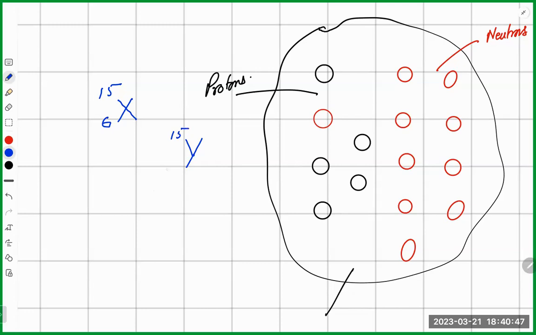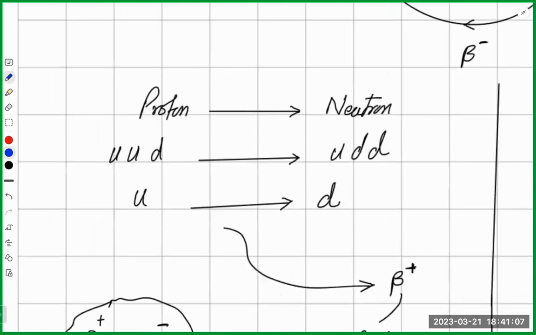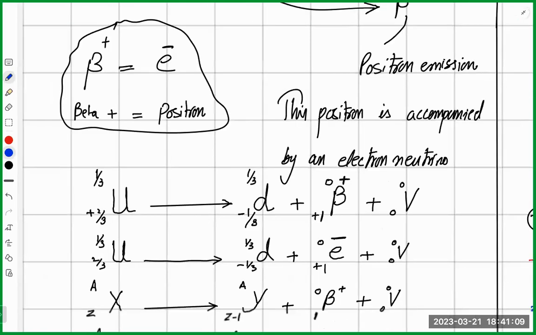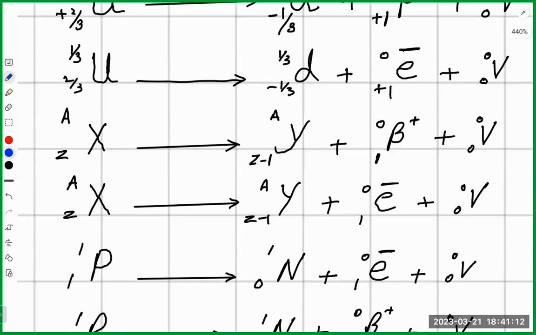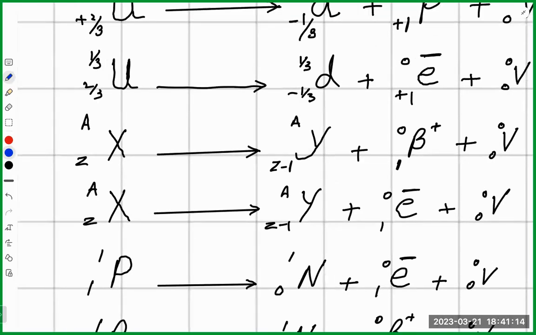But what do you think will happen to the number of protons? It will decrease to 5. Good. It means when a proton converts into a neutron, the number of protons decreases by 1 and the number of neutrons increases by 1. There is no effect on mass. See? The mass number is the same.